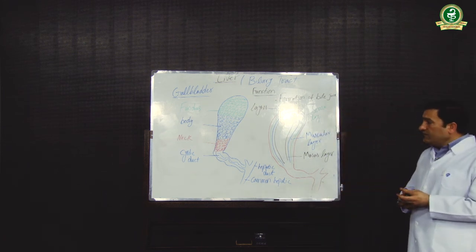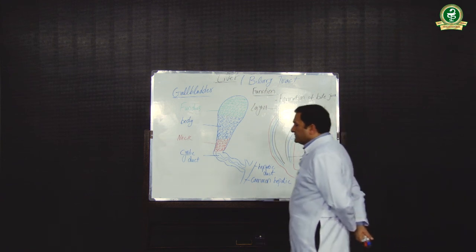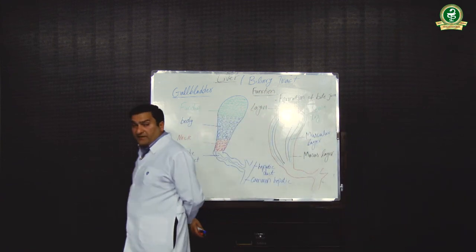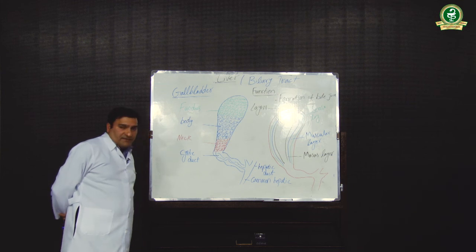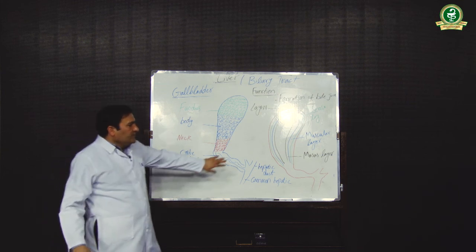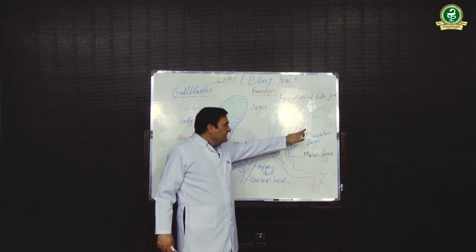That is our gallbladder. Its main function is formation of bile juice. It has three layers: inside, the mucus layer; second, the muscular layer; and last, the serosa layer.